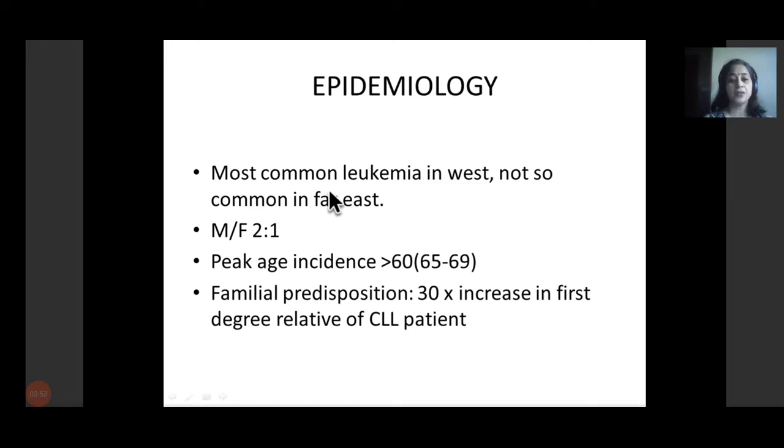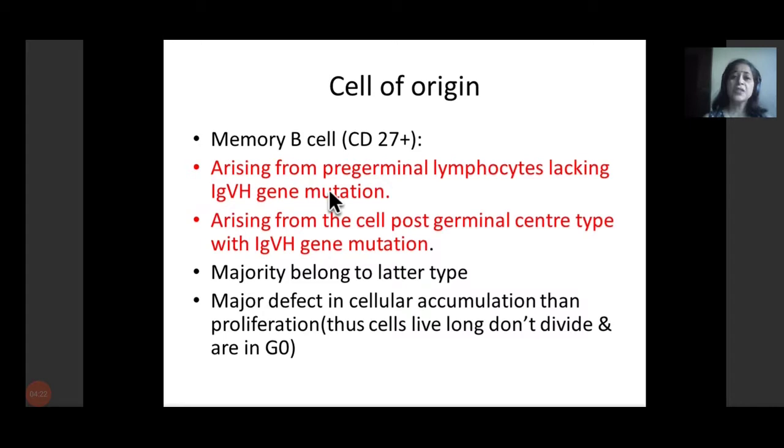There is a familial predisposition, so much so that there is a 30 times increase in first degree relatives of a CLL patient. That means if one family member suffers from it, there is a high chance of other blood relatives having a 30-fold increased predisposition for CLL.